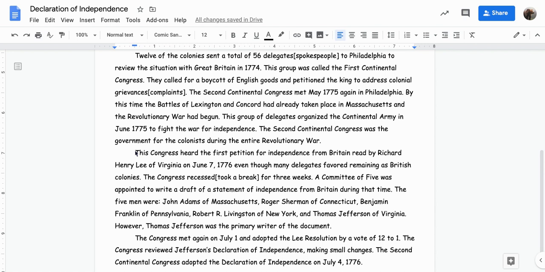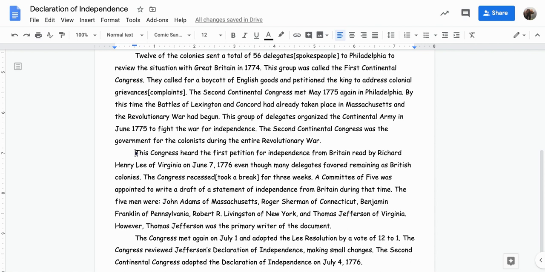The Congress recessed for 3 weeks. A committee of five was appointed to write a draft of a statement of independence from Britain during that time. The five men were John Adams of Massachusetts, Roger Sherman of Connecticut, Benjamin Franklin of Pennsylvania, Robert R. Livingston of New York, and Thomas Jefferson of Virginia. However, Thomas Jefferson was the primary writer of the document.